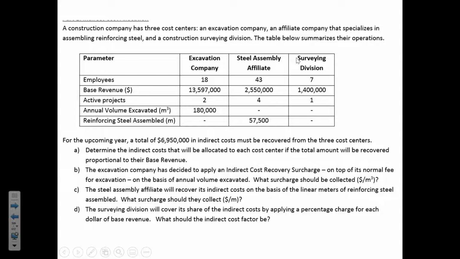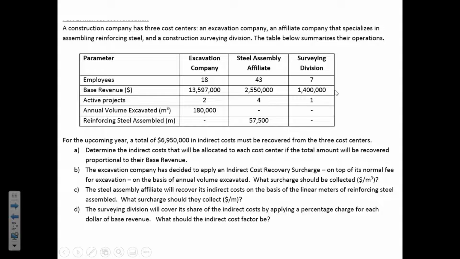Like the least fair way would be just to divide it by 3. Just to say all 3 of these companies, the subdivisions, have to pay 1/3 of the indirect cost. I mean, that wouldn't be fair because they're different sizes. It looks like the excavation company is the biggest in terms of revenue, and then the steel assembly affiliate is the biggest in terms of employees.